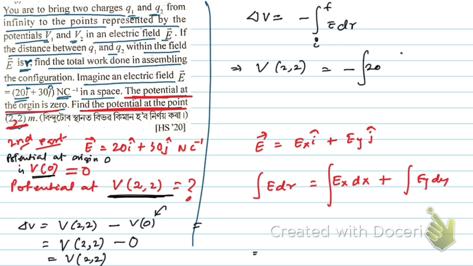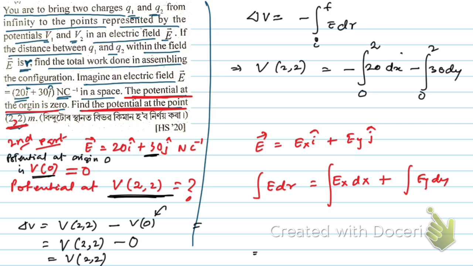So we can write integration 20 dx from 0 to 2, because one point is 0, 0, another point is 2, 2 here. Origin is 0, 0, right? So 0 to 2, and as there is minus, we write minus, 0 to 2, and the y component is 30 dy. That's what we can do, right?